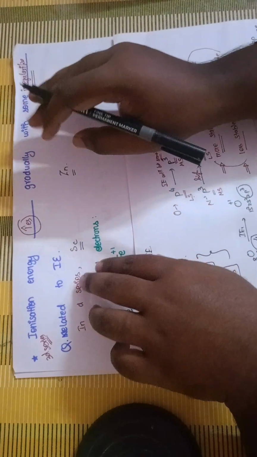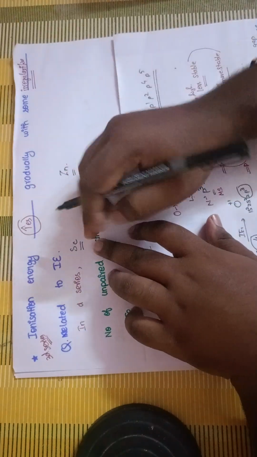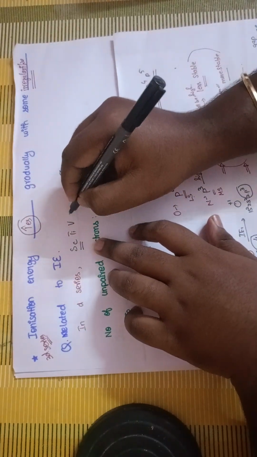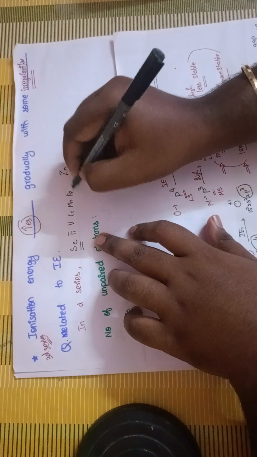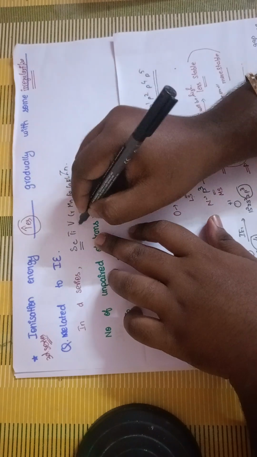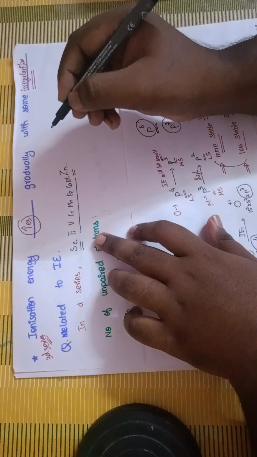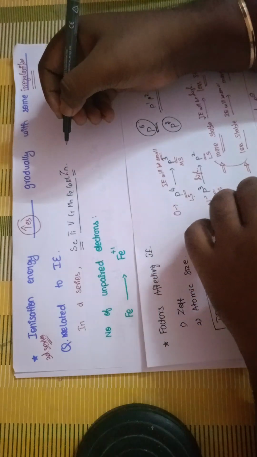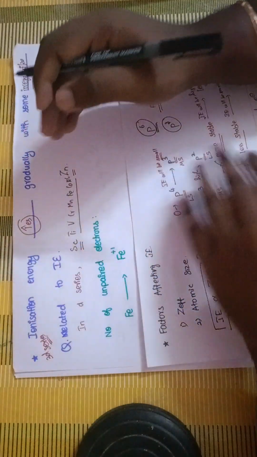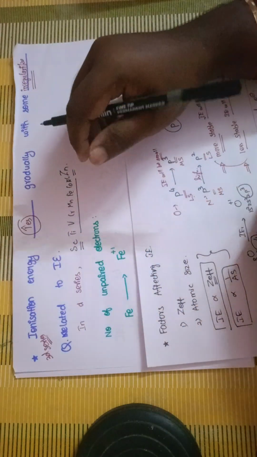That is what we observed. But within that, we have titanium, vanadium, chromium, manganese, iron, cobalt, nickel, copper. We are not observing the general trend here. Even though it increases, the difference is not the same. It is not showing any uniformity. We are going to answer for this.